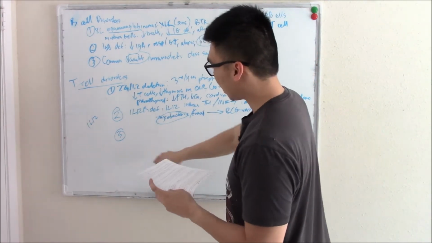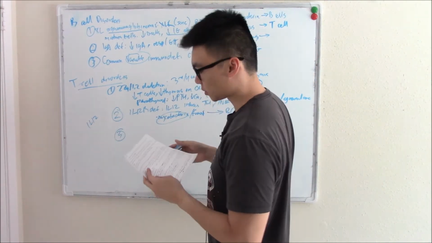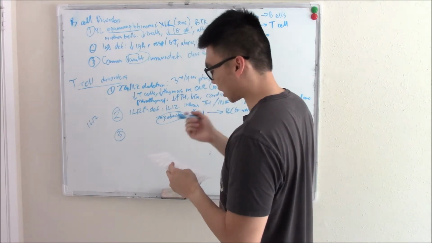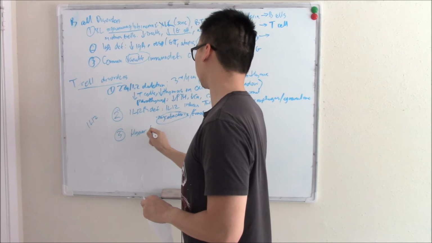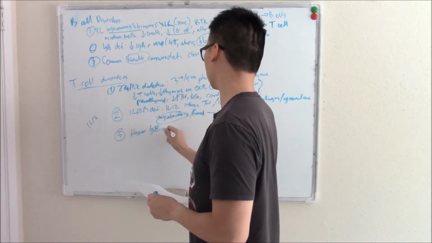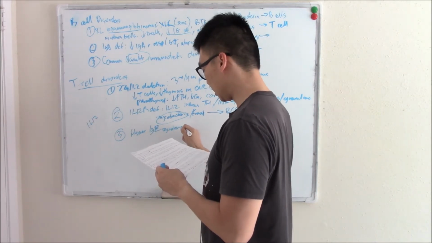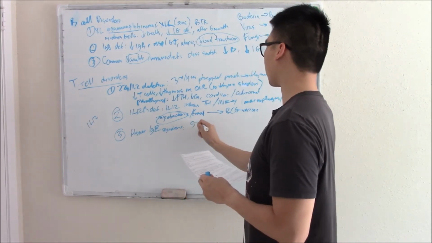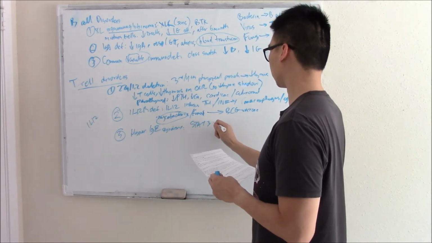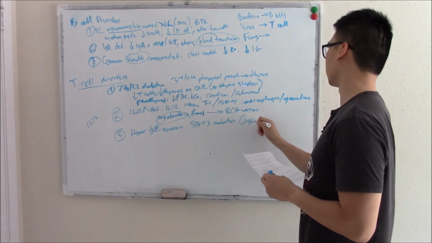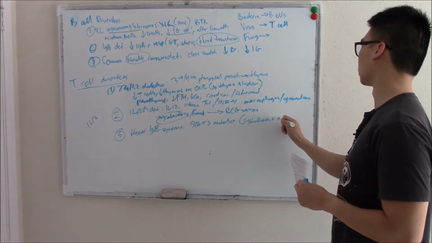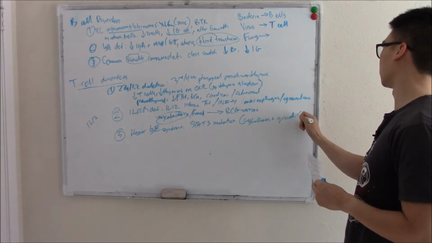Easy peasy. Now, the third one we're going to talk about, something's wrong with the IL-12, right? But the mechanism's a little bit different. This is called hyper IgE syndrome. This is a mutation in STAT3. And STAT3 controls cytokines, and it controls growth factors.